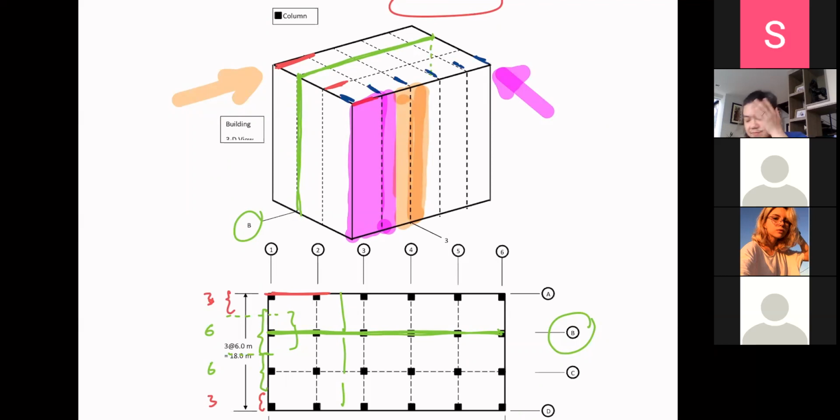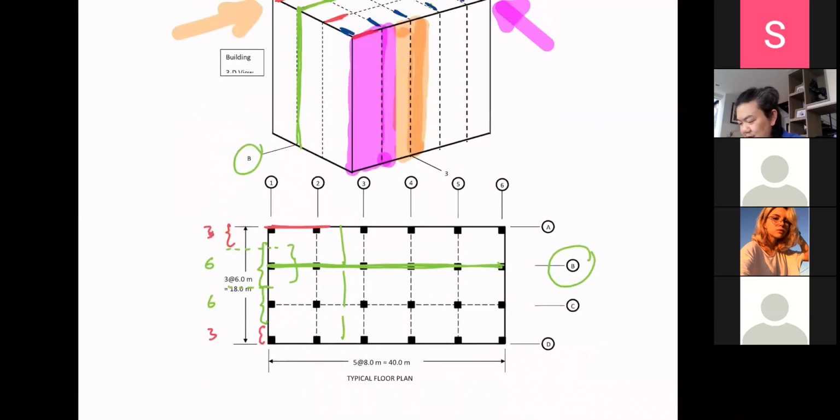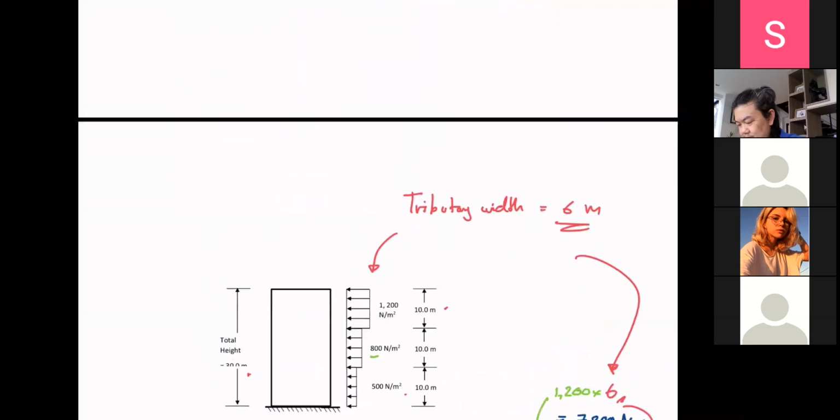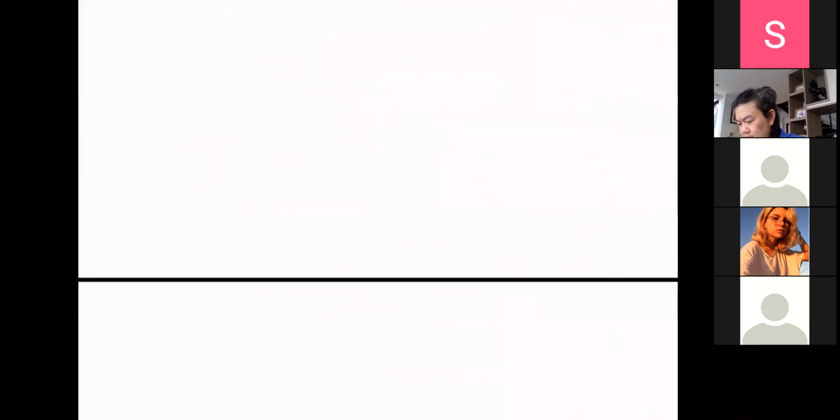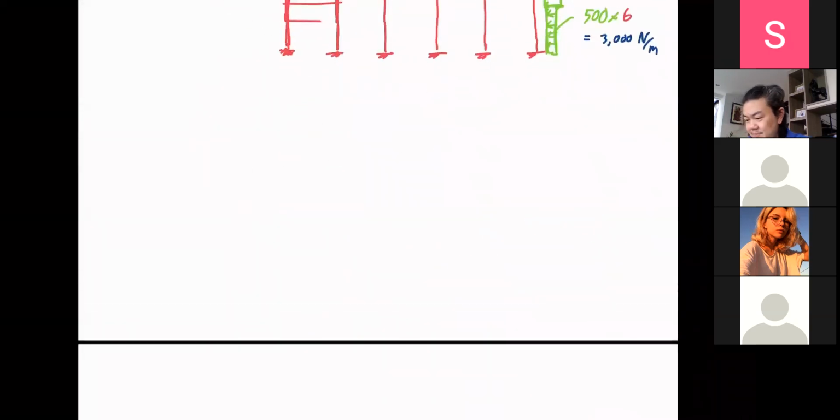So in this case, now we can say if we focus on number 3, in another direction, so that's my direction.